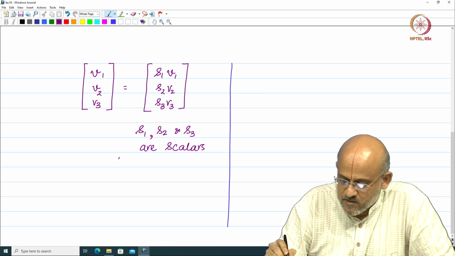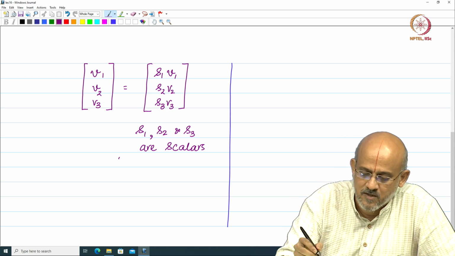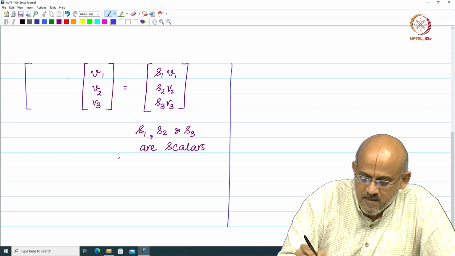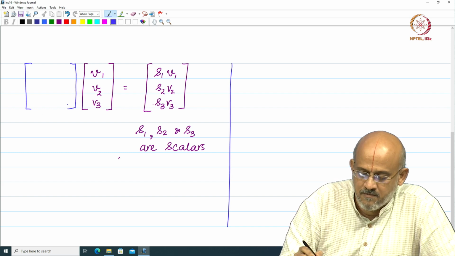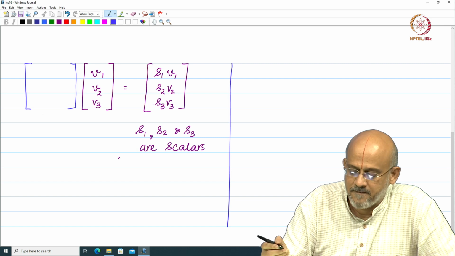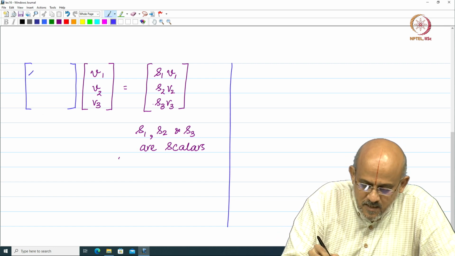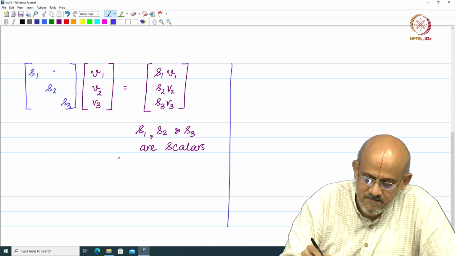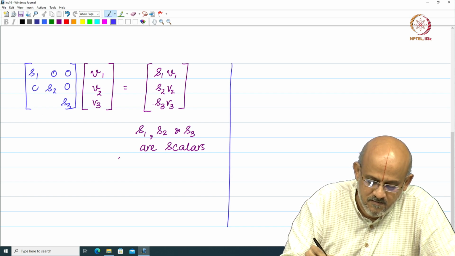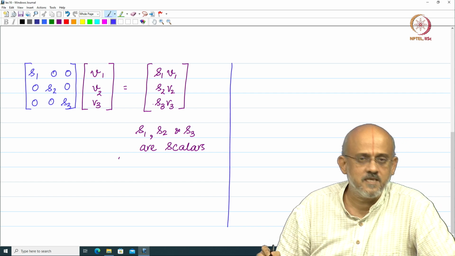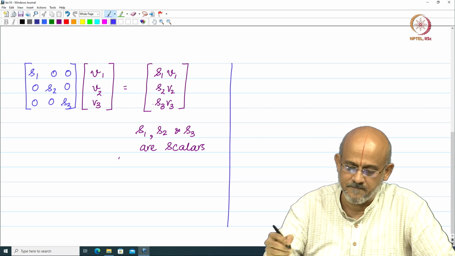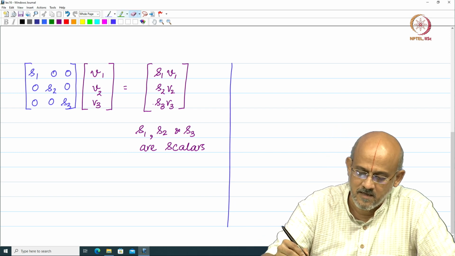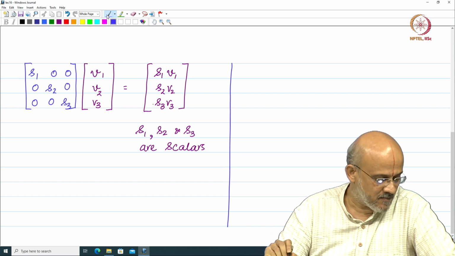S1, S2, S3 need not be equal. In that case, what is the matrix which is going to do this? This matrix replaces the diagonal elements of the identity matrix with the values S1, S2 and S3. This is the matrix which does the scaling of the vector with different scaling factors along different axes.